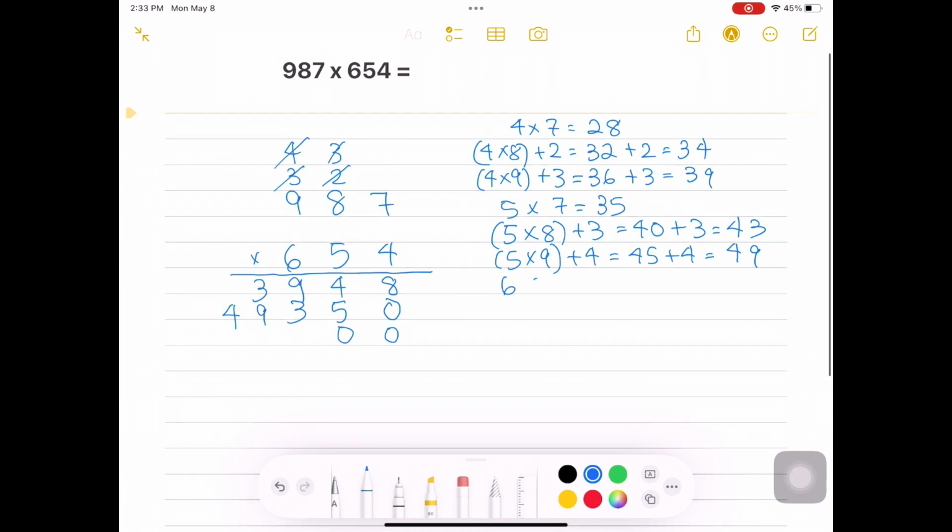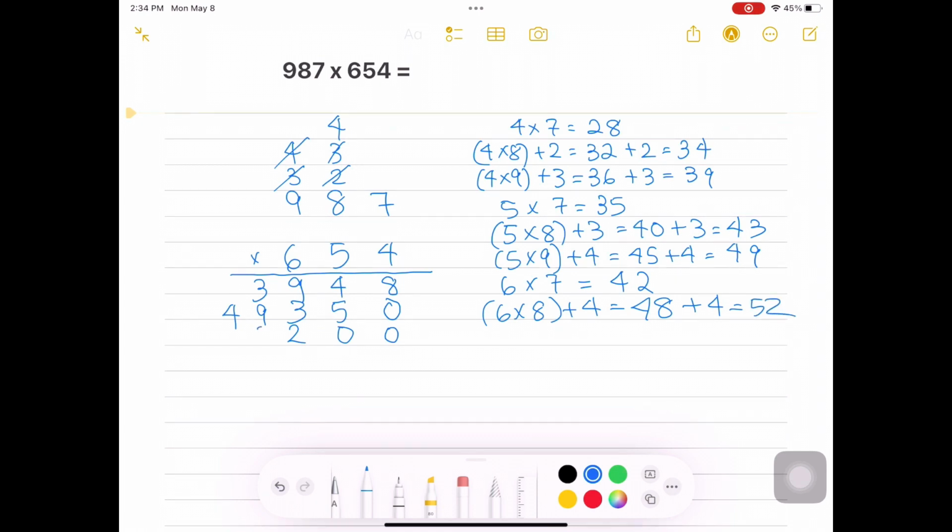So now we're at 6 times 7, which is 42. Write down the 2, carry the 4. And we multiply the hundreds digit of the lower by the tens digit on top, which is 6 times 8 plus 4, that was carried over. So it's 48 plus 4 equals 52.